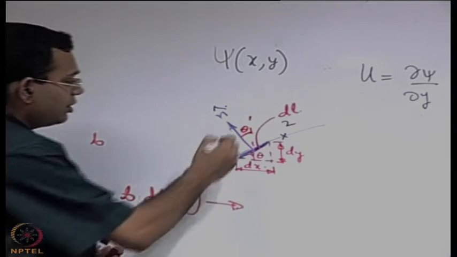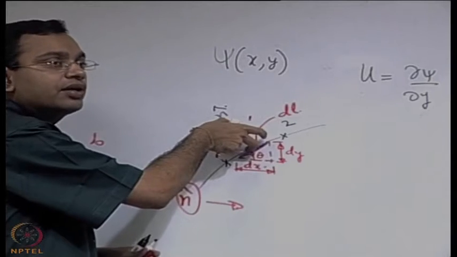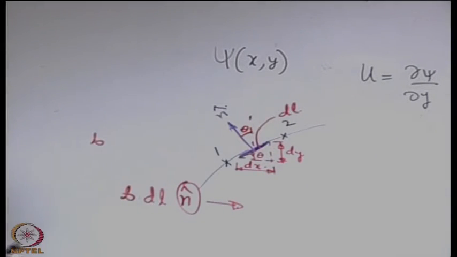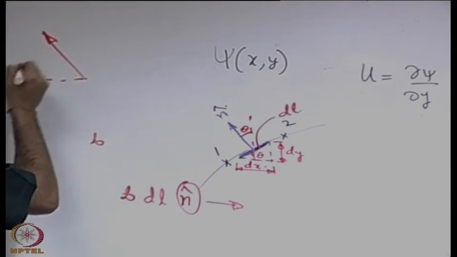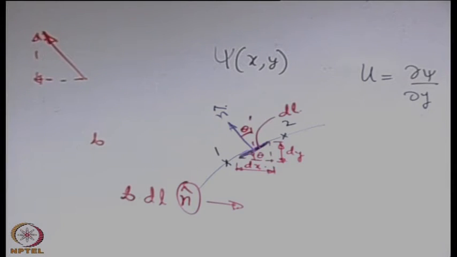So, you have to resolve the vector with direction n cap and magnitude 1, because it is a unit vector, in x and y components. So, the n cap is like this, it will have x component like this and y component like this. So, x component will be what?